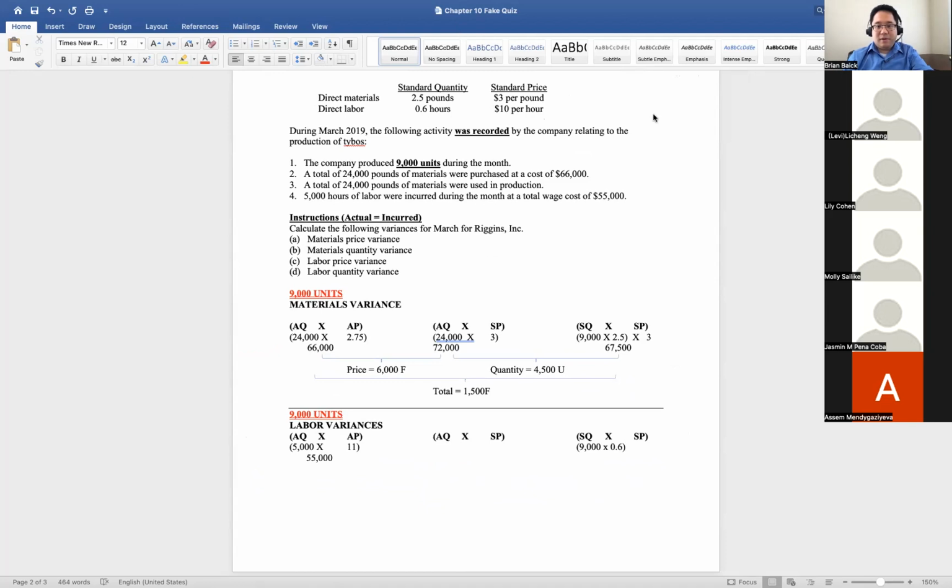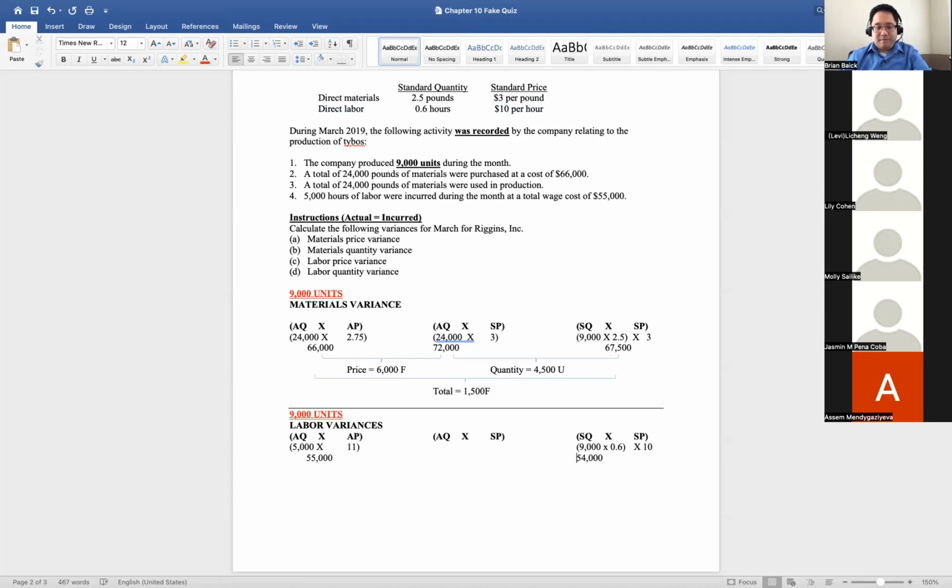Times how much are you supposed to pay for each hour of labor? Standard price 10. So what do you get on this right side here? $54,000. Good.